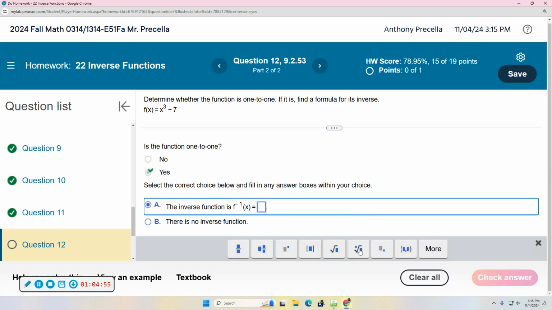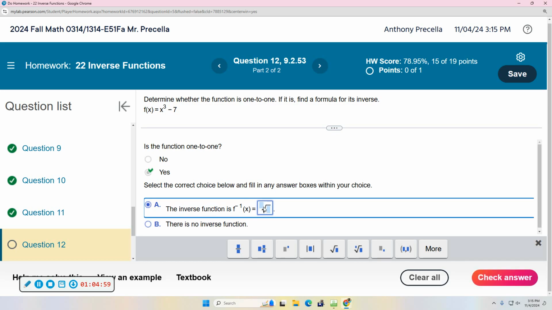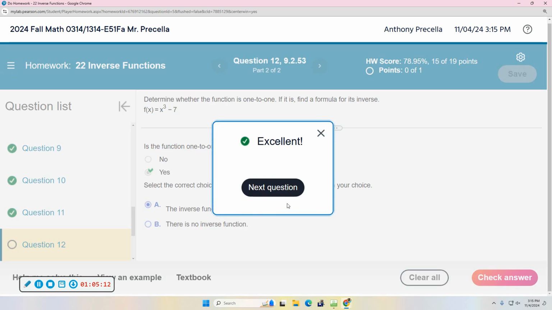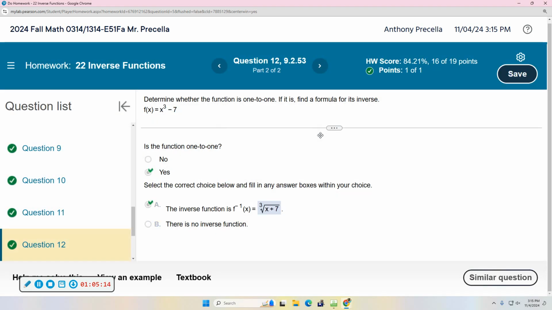Let's see. I go to the cube root, the nth root hot button, and up here in that little index, I type in my 3, and underneath the radical, I type in x plus 7. Any questions there?